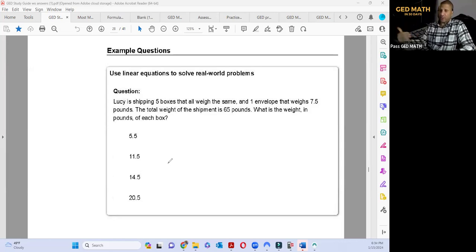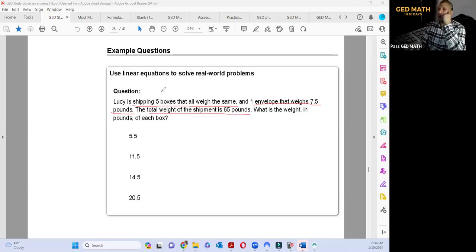Again, what do I tell you? Identify your givens. There are 5 boxes that all weigh the same. There's one envelope weighing 7.5 pounds. That's a heavy envelope. The total weight is 65.